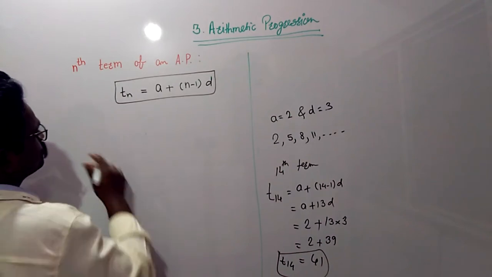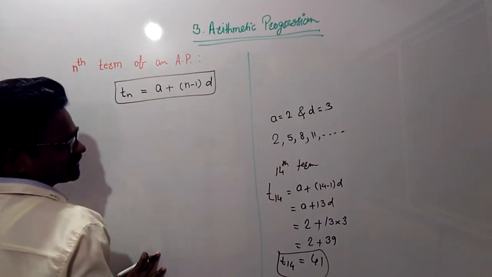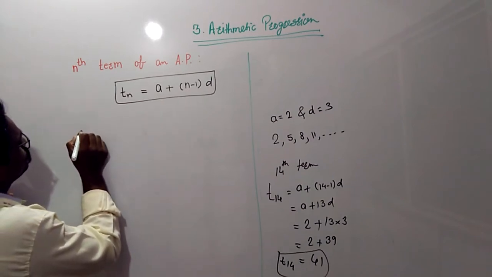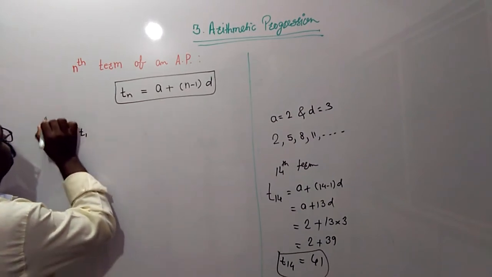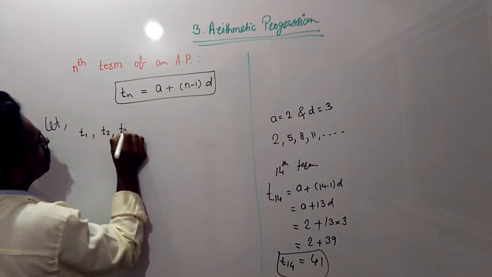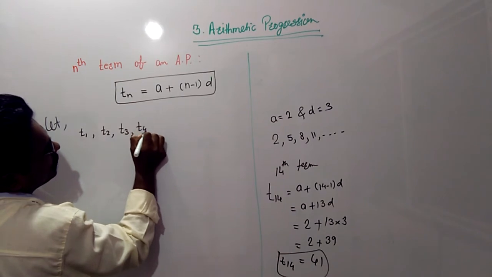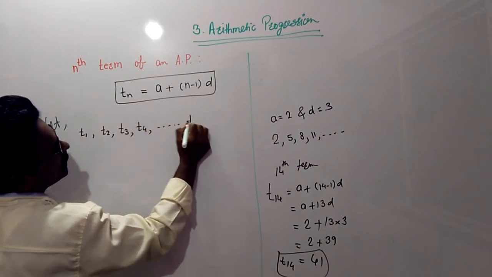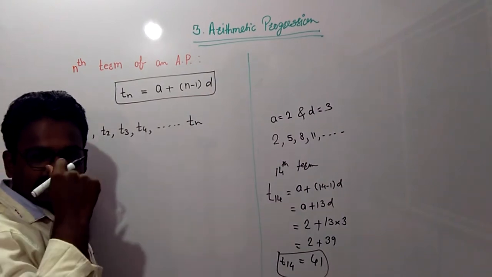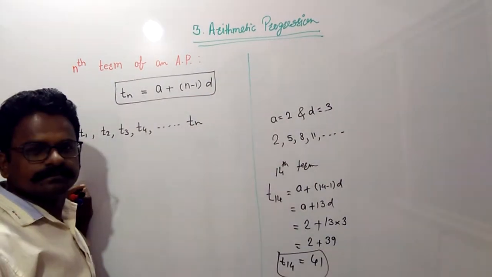Let's check out here. Tn is equal to a plus (n minus 1) into d. So suppose T1, T2, T3, T4 and so on up to Tn is an arithmetic progression.